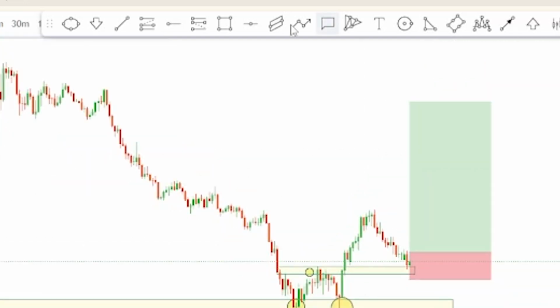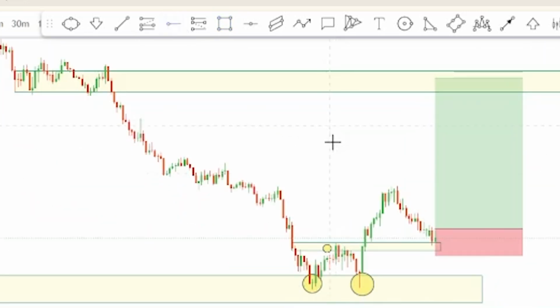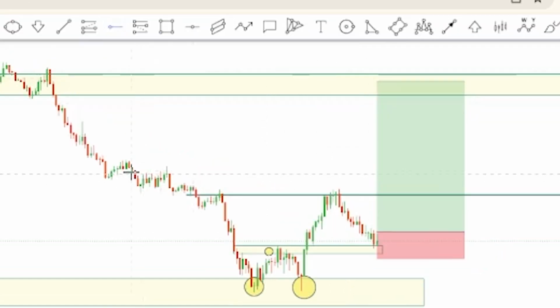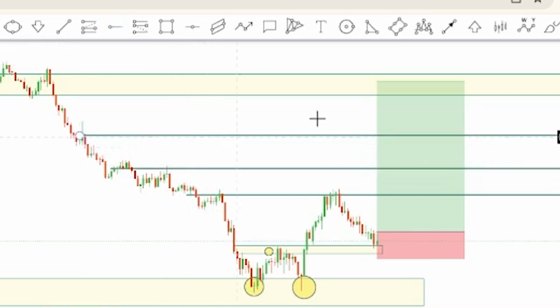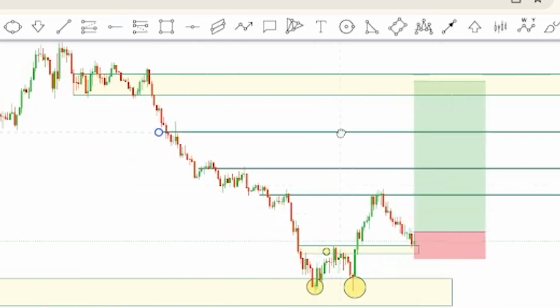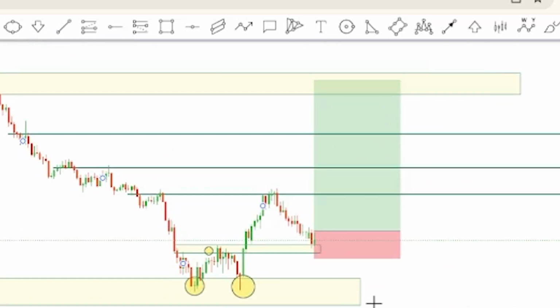Okay, where is our target? This is going to be our target, this one. Also remember, we have to secure some profit by targeting areas like this. These are the areas where you can take some profit. Now we need to see if the market is going to give us the profit.